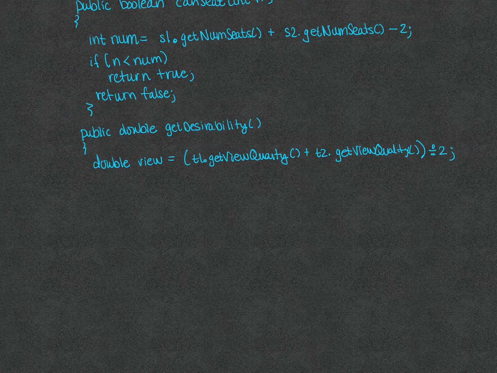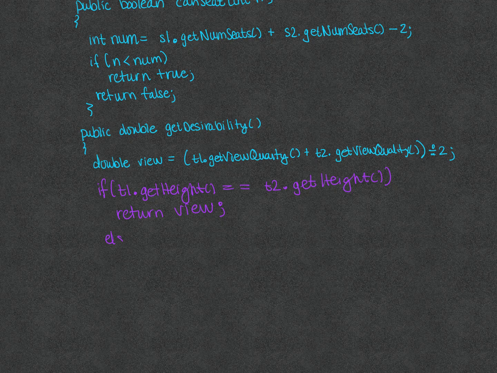Now, if my tables have the same height, then I'm going to return that view. If my tables do not have the same height, then we're going to return that view minus 10. So if T1 dot get height equals T2 dot get height, which means the tables have the same height, you're going to return that view, the average of the view qualities.